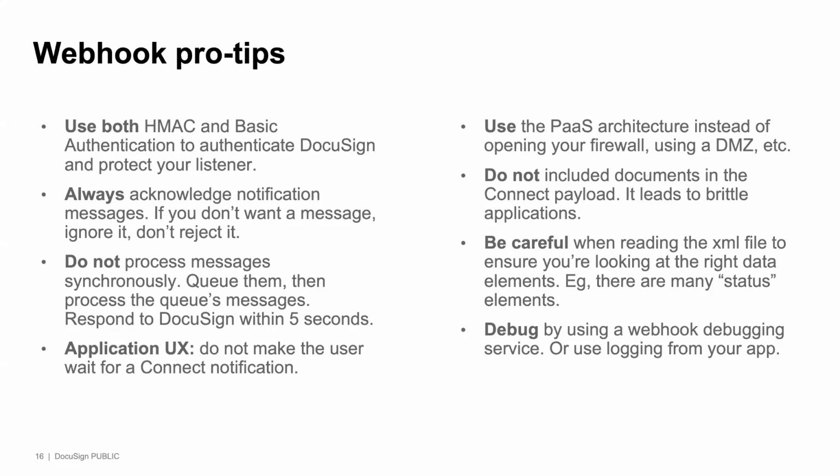Instead, acknowledge it and then ignore it. Throw it on the floor and don't do anything with it. Don't reject it at the level of telling DocuSign that you're not acknowledging the message. Always acknowledge receipt. Okay, next one.